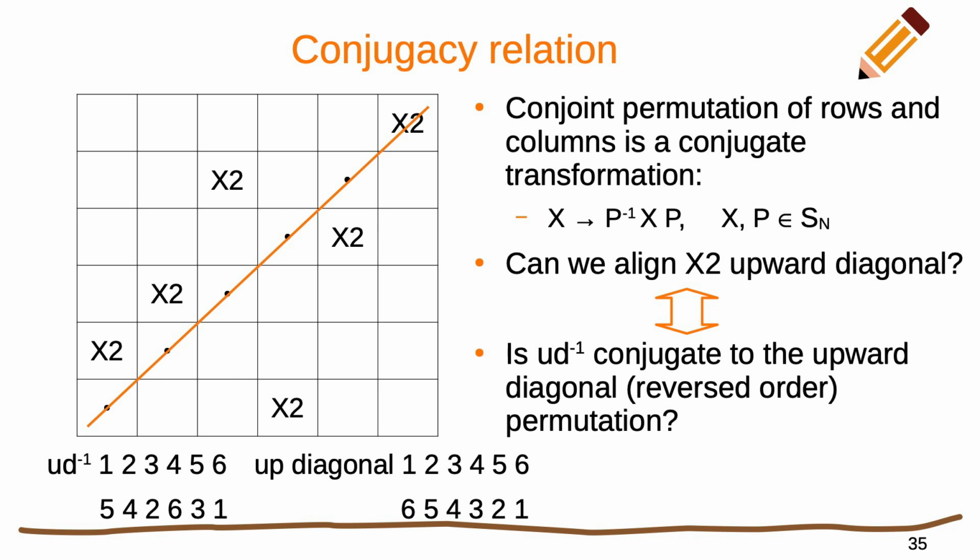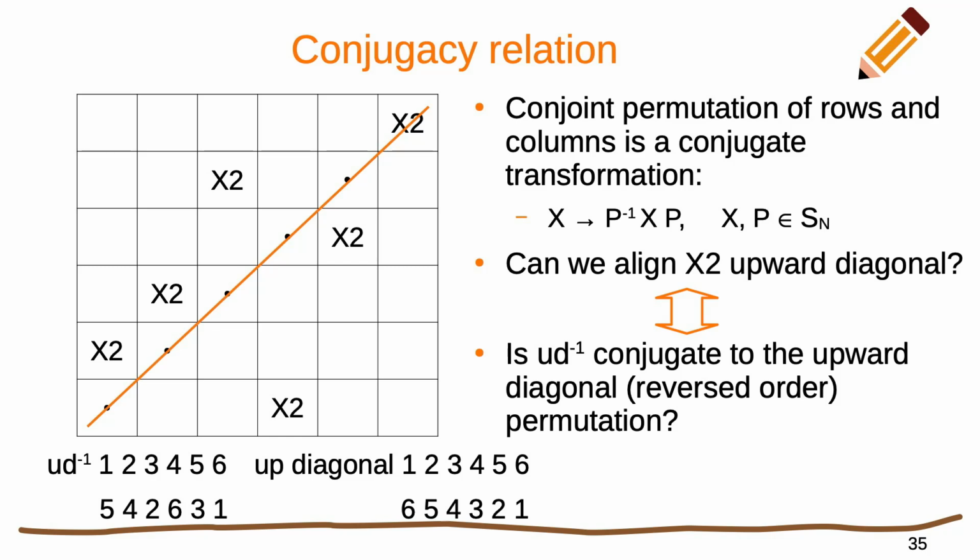We are now discussing how the arrangement of a diagonal candidate, which corresponds to a permutation, is transformed by a conjoint permutation. Let x be the permutation corresponding to a diagonal candidate, and let p be a column permutation. Then the conjoint permutation transforms x into p inverse xp, which is known as a conjugation in group theory.